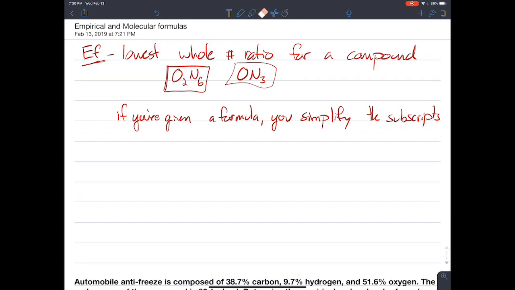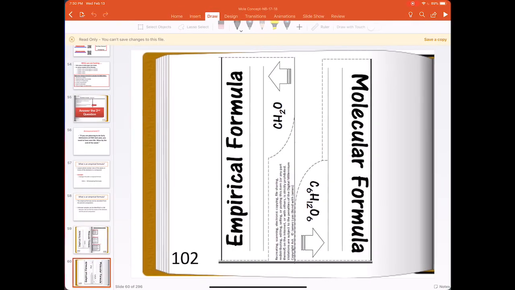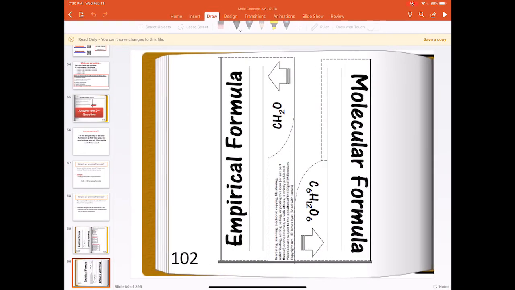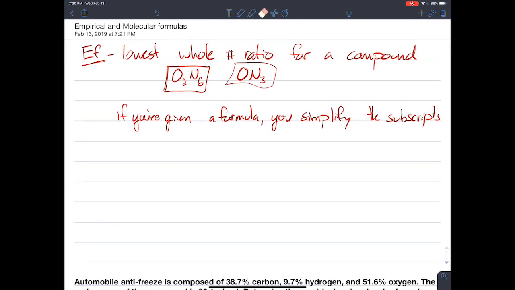Now, on the other hand, if you flip your foldie around, we're talking about molecular formula. You can already see there are good examples on here of glucose and the molecular versus the empirical formula for glucose. That would have been a much better thing for me to use instead of making something up. I'm going to use the example that's actually on your foldable.